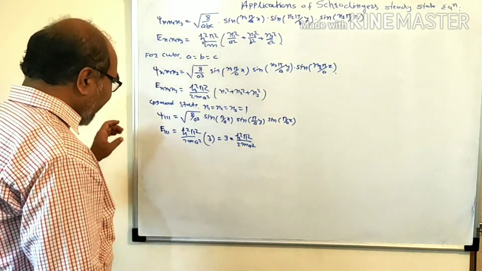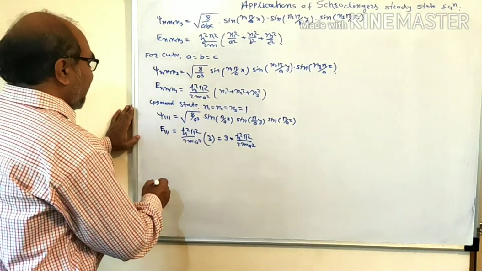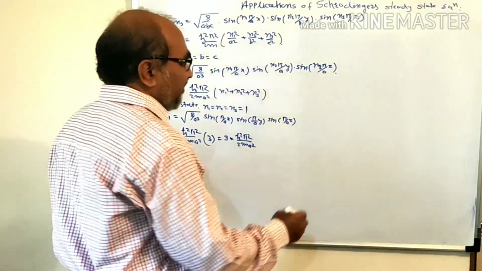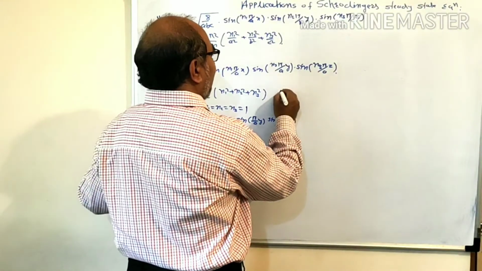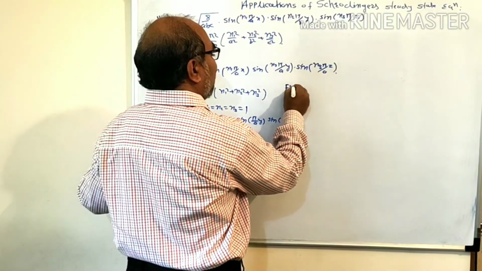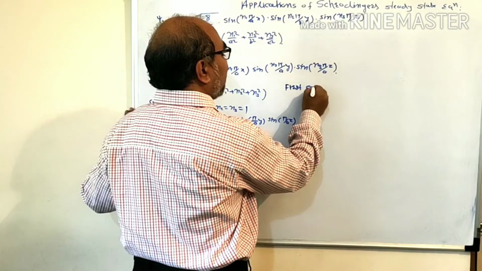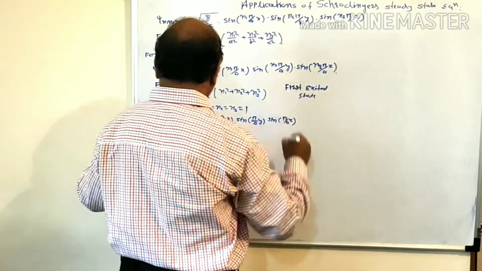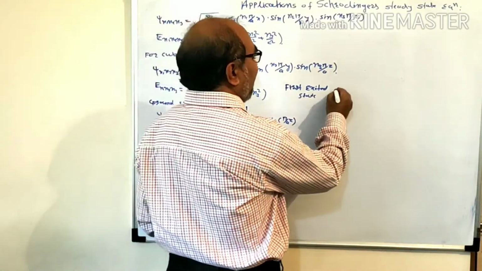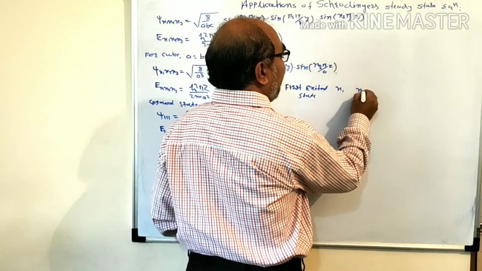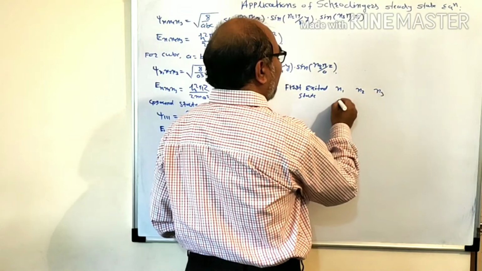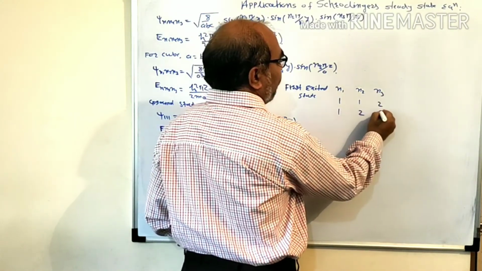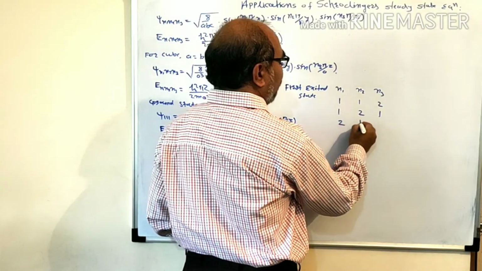Now the second excited state is given as, and for the second excited state I will write here first excited. So the first excited state can be written with n1, n2, n3 as 1, 1, 2; 1, 2, 1; and 2, 1, 1.